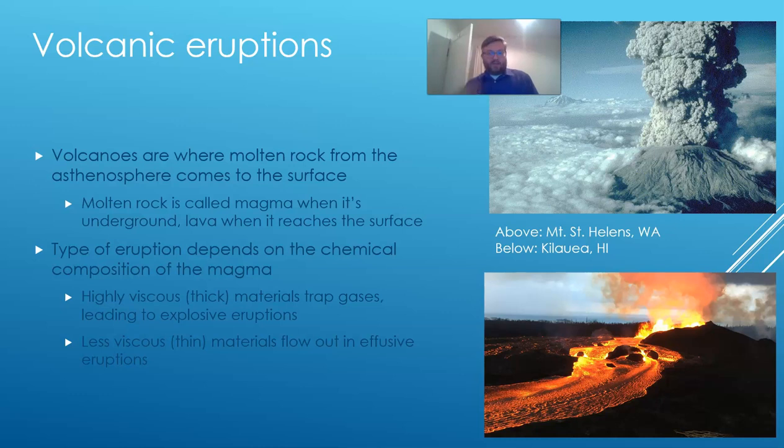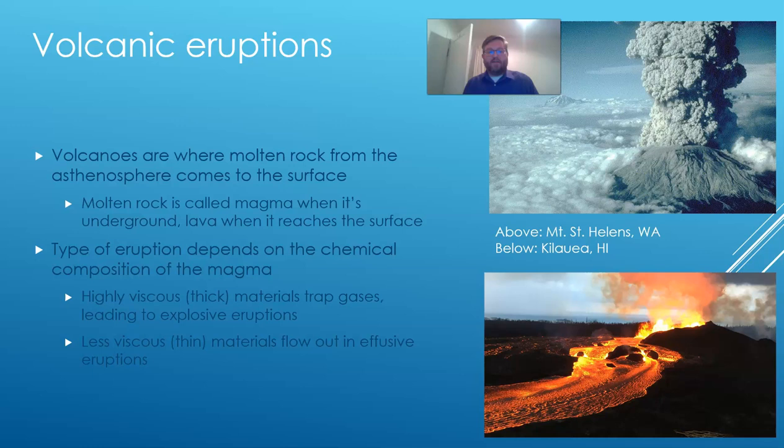This is a product of the specific chemical composition of this material, and we're not going to get into the details of which chemical elements make this up. But if it has this thicker consistency, it's going to trap a lot of gases. You're going to get a lot of gas bubbles trapped in there. And so that's going to give you this really explosive kind of eruption when it finally reaches the surface, the pressure is released, and the gases will just sort of blow everything sky high.